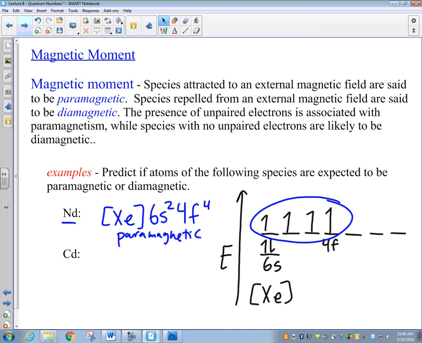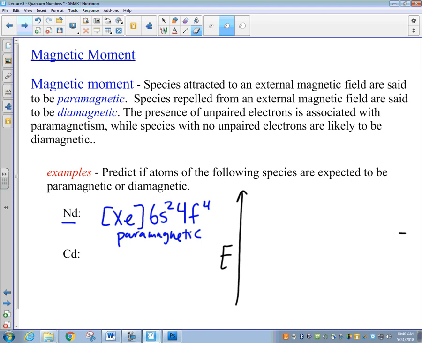Now let's contrast that with a second species. That species is cadmium. Find cadmium on your periodic table. Cadmium is element number 48, and it is the end of the transition metals for period 5. Looking at cadmium's electron configuration, the previous noble gas is krypton, element number 36.